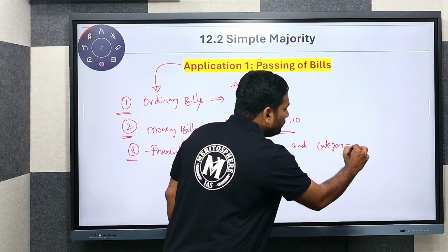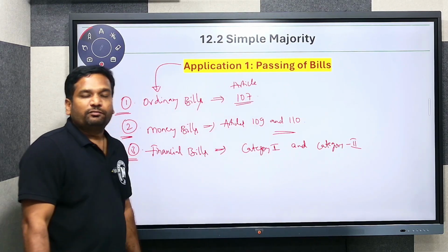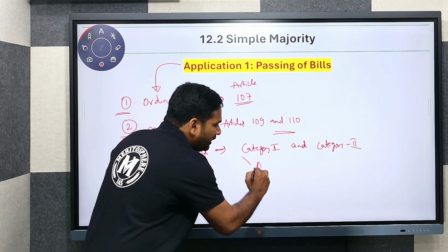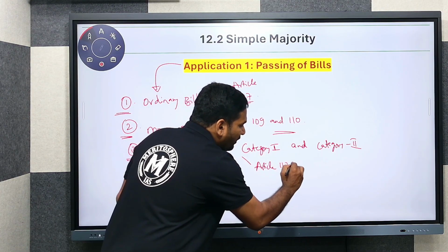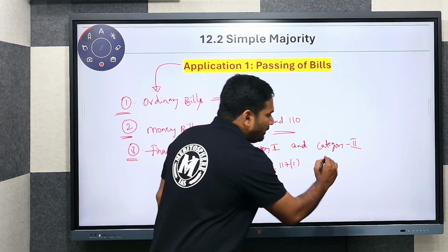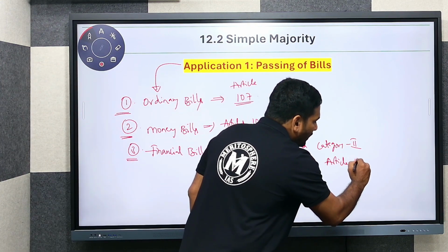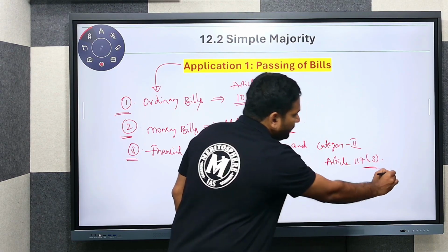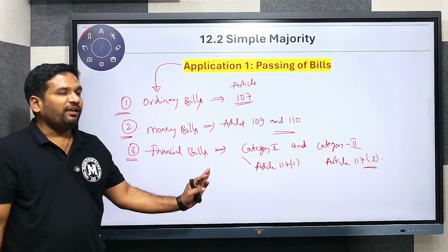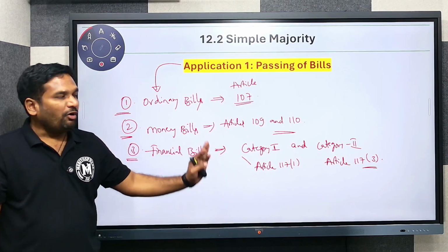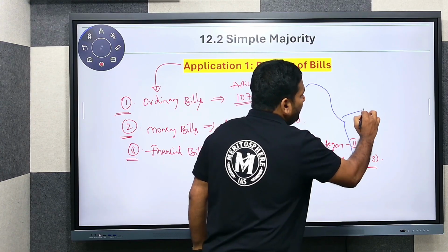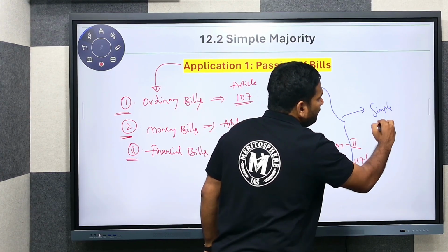Category 1 financial bill comes under Article 117, clause 1. Category 2 comes under Article 117, clause 3. So ordinary bills, money bills, financial bills of category 1 and category 2, all these bills require the simple majority.